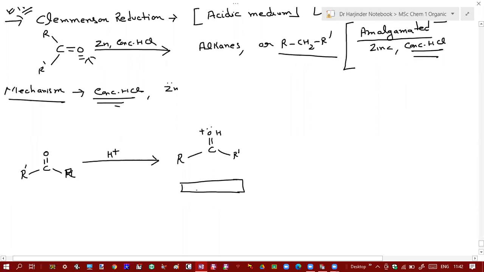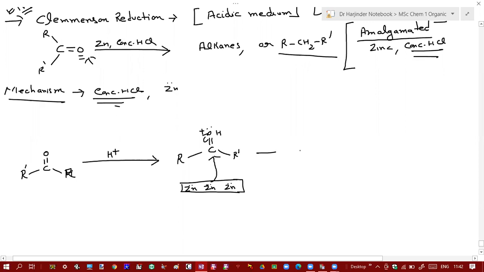Oxidized means in the next step zinc will lose electrons. So this zinc will give electrons to this carbon, and this will shift to oxygen.